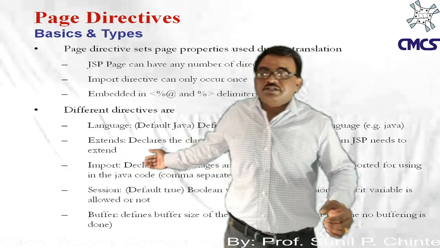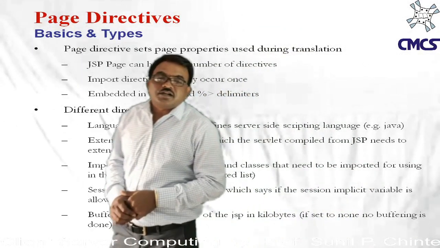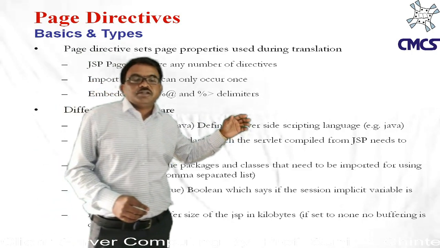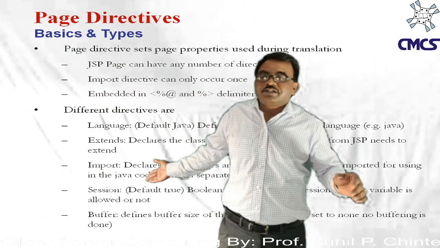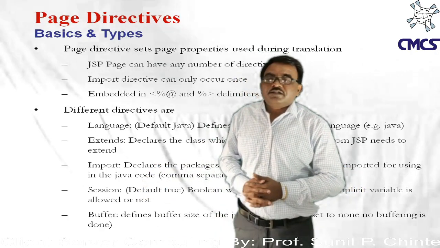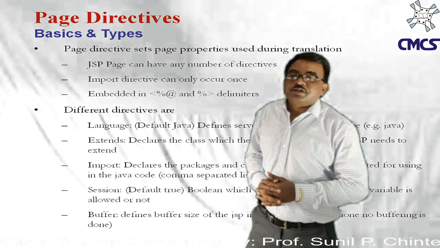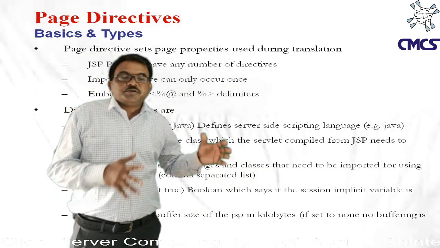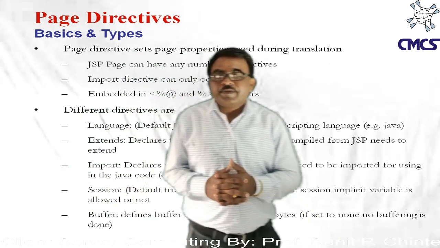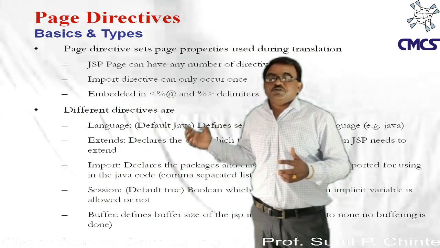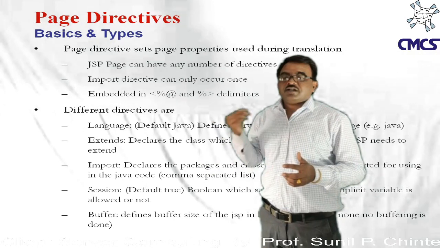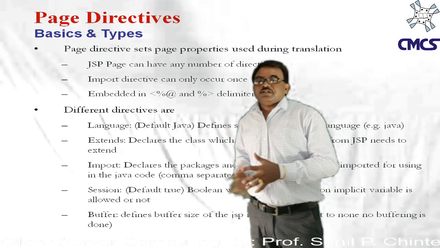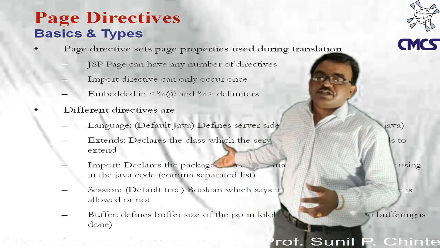Then extends declares the class which the servlet compiled from the JSP needs to extend. Then import declares the packages and classes that need to be imported for using the Java code. Means if you want to import some packages or classes in your JSP, at that time we use import. Then the session is by default true, okay.